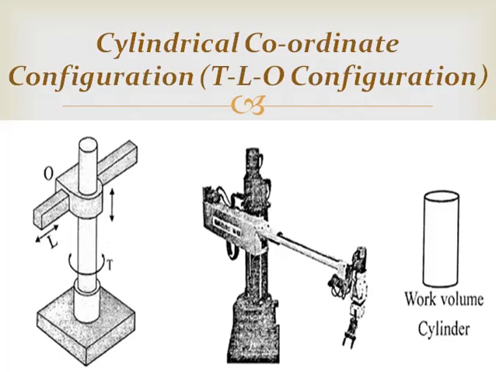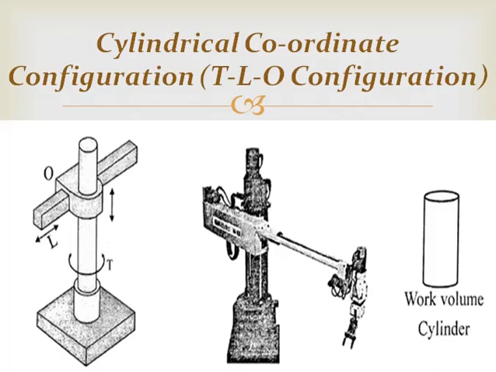The cylindrical configuration robot consists of a vertical column and a slide which can be moved up or down along the column. The robot arm is attached to the slide so that it can move radially with respect to the column.